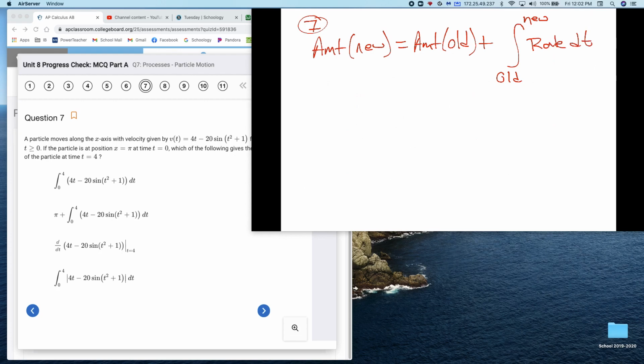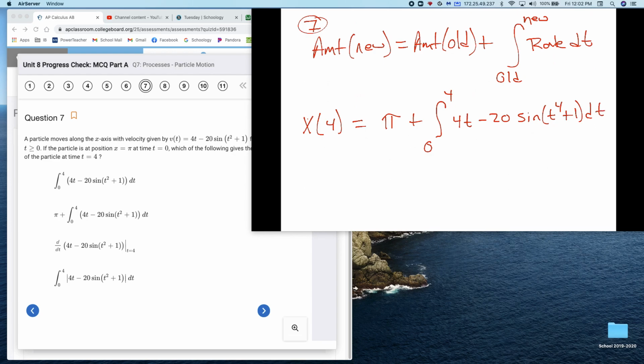In this case, that's what we have. We're asked for the position at 4, and we're given the position at 0. If we integrate from 0 to 4 of the velocity, then we should get the result that they wanted us to get.